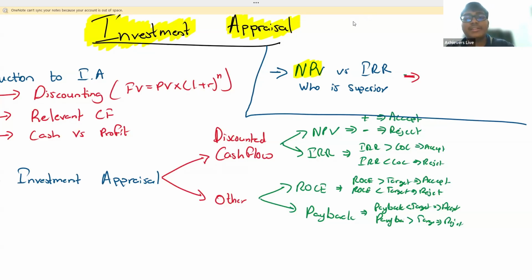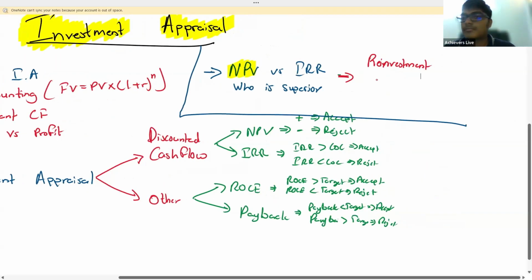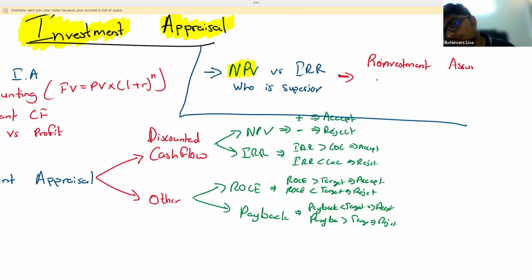Why is NPV greater? First reason is the reinvestment. What is the second reason? Guys, what is the second reason?